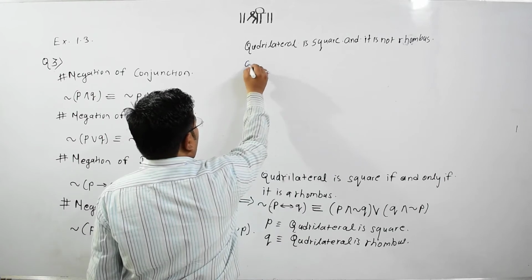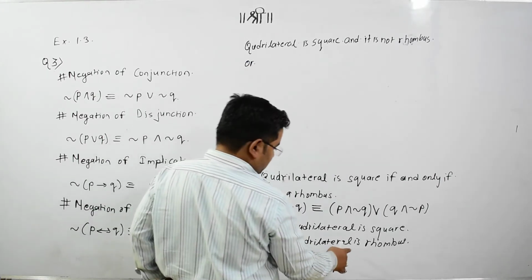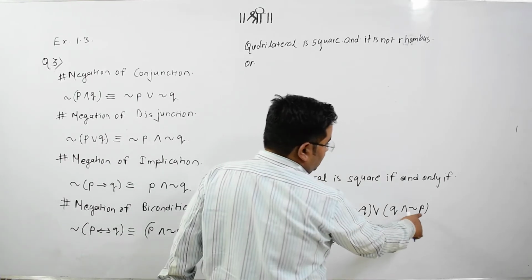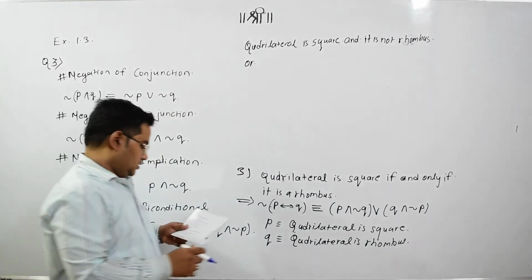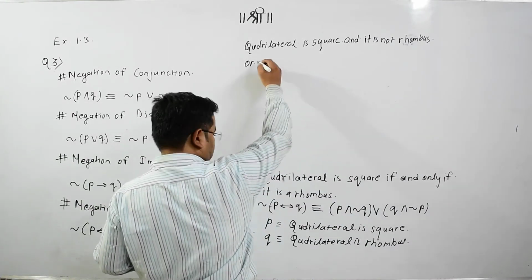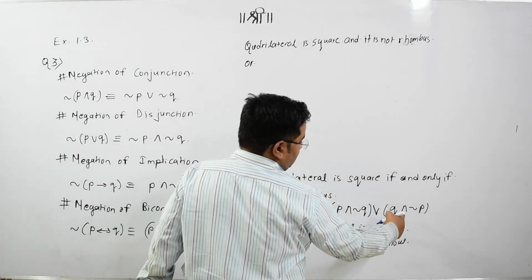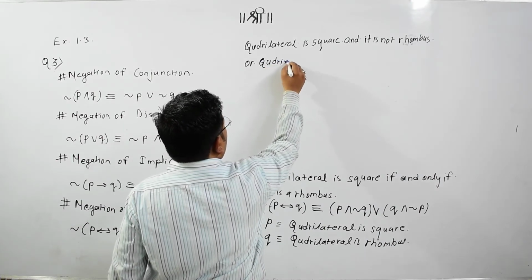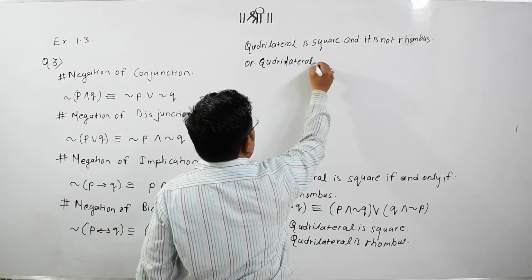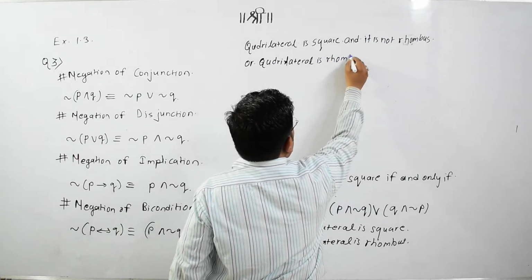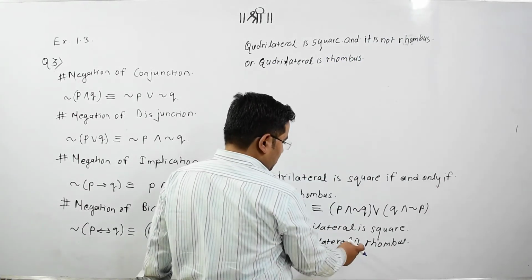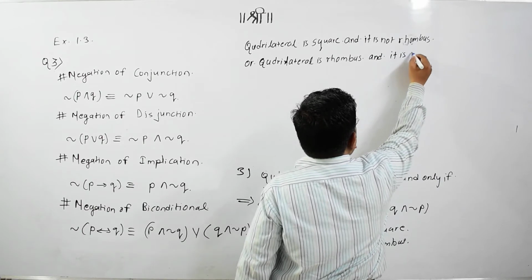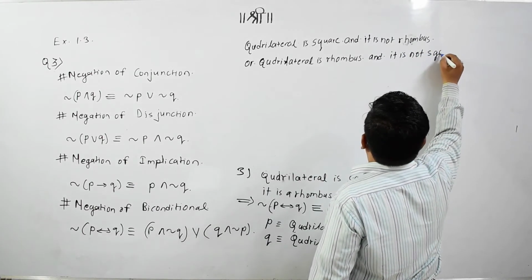I would like to write it over here, or. Next step, quadrilateral is rhombus and it is not a square. That's it. Understood? So quadrilateral, most importantly, quadrilateral is rhombus and it is not square.